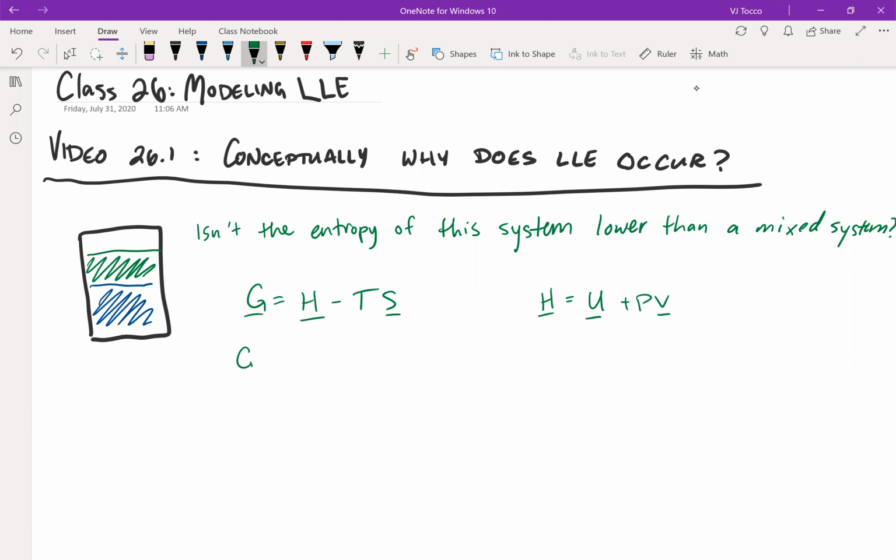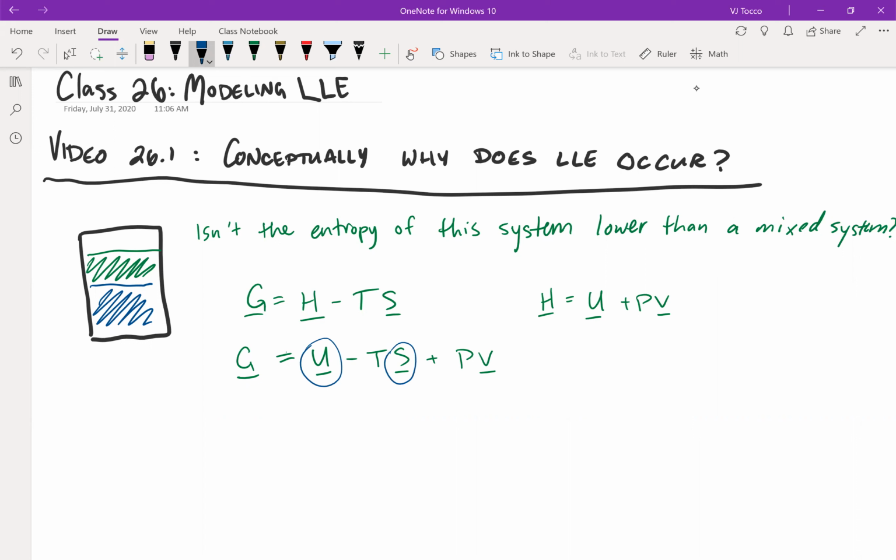So therefore I can write that Gibbs is U minus TS plus PV. All right, so what I'm looking at are the contributions from this internal energy term and this entropic term.